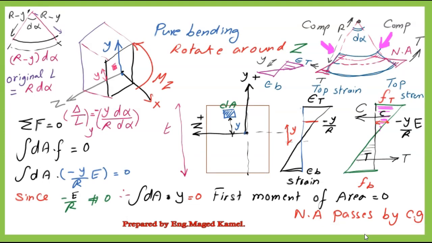This expression we are familiar with. It is the first moment of area, which is zero only about an axis passing through the CG. So from that relation, we get that the z-axis is passing through the centroid.